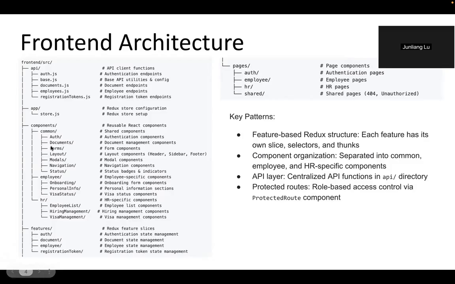And we use a centralized API layer using the API folder. We also have protected routes with role checks. And our pages are organized by feature. The architecture separates concerns for maintainability.